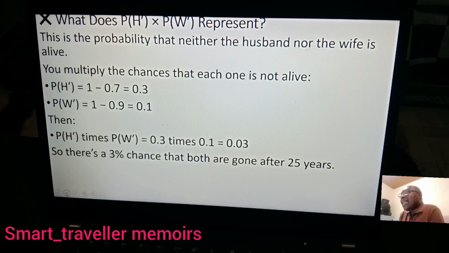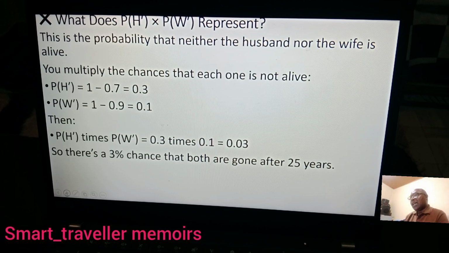Okay, now, what does pH prime and PW prime represent? This is the probability that neither the husband nor the wife is alive. You multiply the chances that each one is not alive. So pH prime equals 1 minus 0.7, which is 0.3, because the maximum probability is 1.